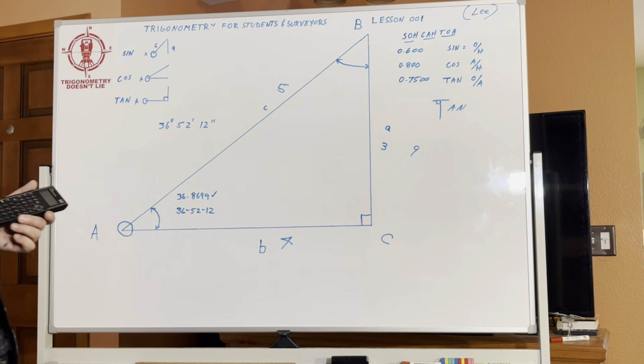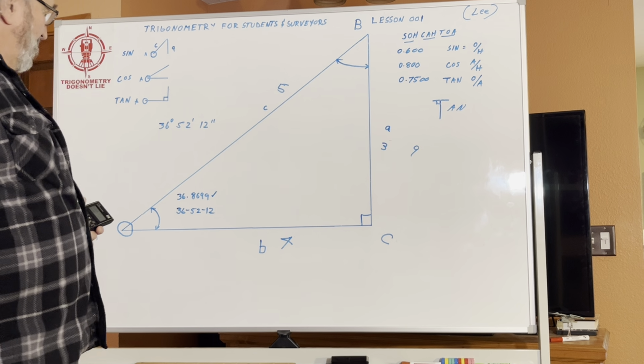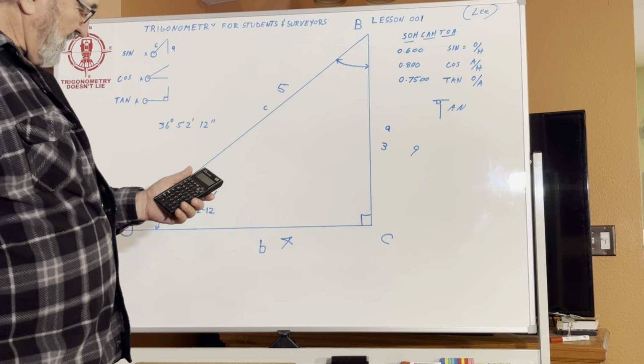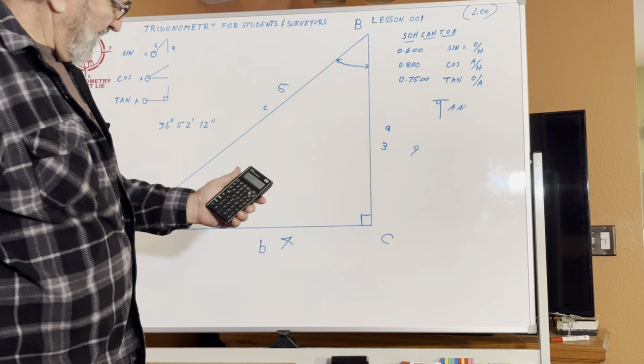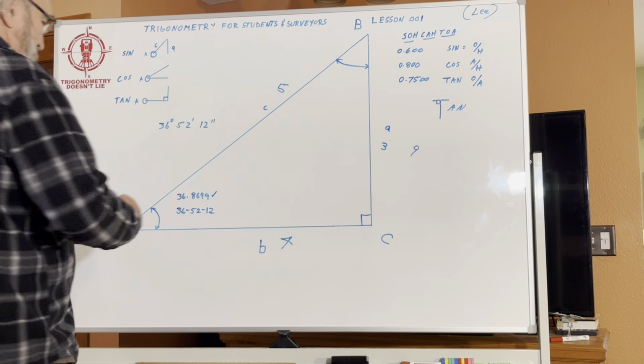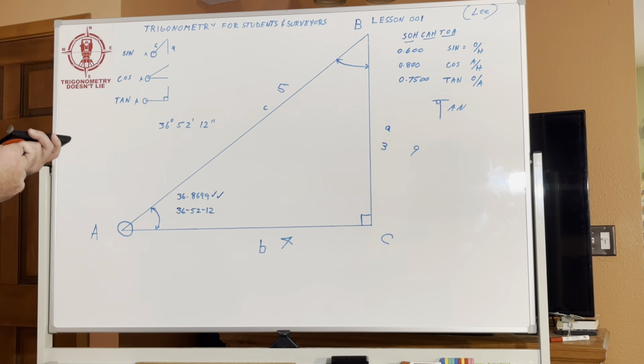We'll call that a side, or line. They even call them rays. Okay, so now we're going to do arc cosine. So shift key, arc cosine, 36.8699. There you go. So we've done it every way.